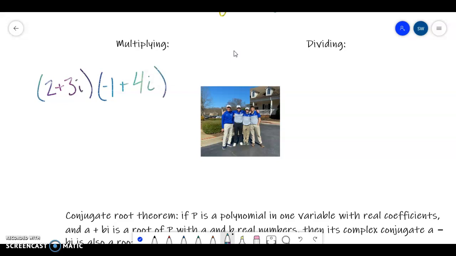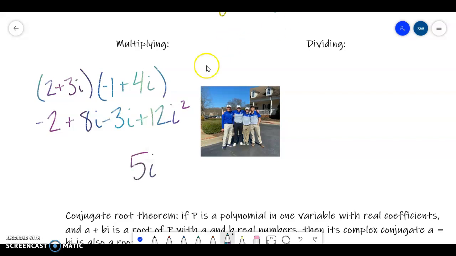You multiply the same way you multiply binomials, it's just distributing, so it would be -2 plus 8i minus 3i plus 12i squared. So 8i and -3i is 5i. And then we have to remember i squared is -1. So 12i squared is -12. So this just gets written as -14 plus 5i.